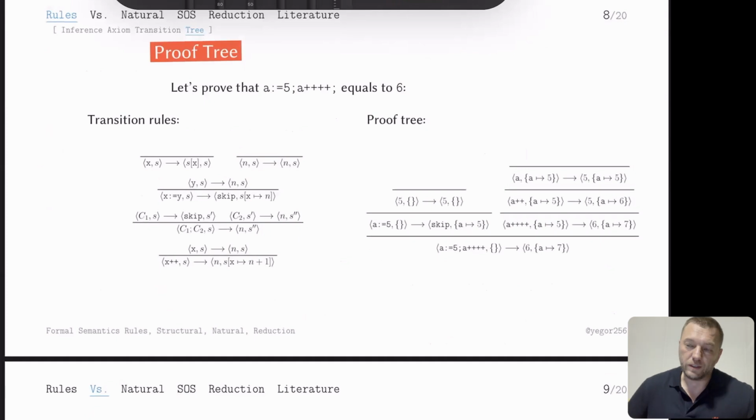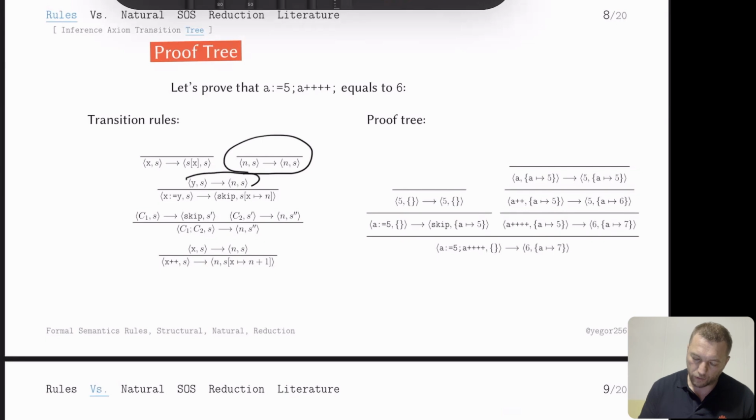And now the proof tree. I promised you that there is a necessity for this transition rule. So why do they exist? Why do we write, sometimes, quite silly axioms? For example, this one. So why do we need this one? N to N. What's the meaning of this? It's quite silly, from N to N. And for example, like this one, this Y to N, also not always necessarily understood at first sight.